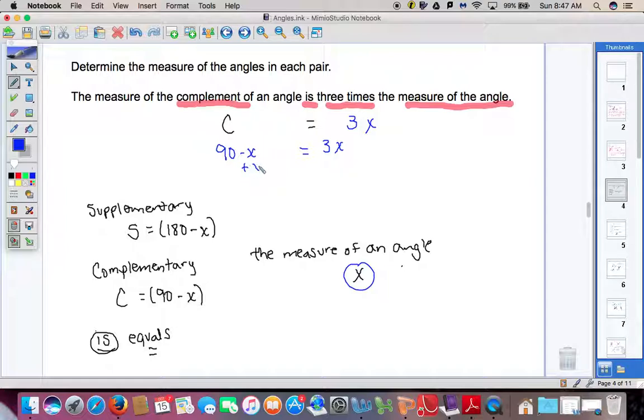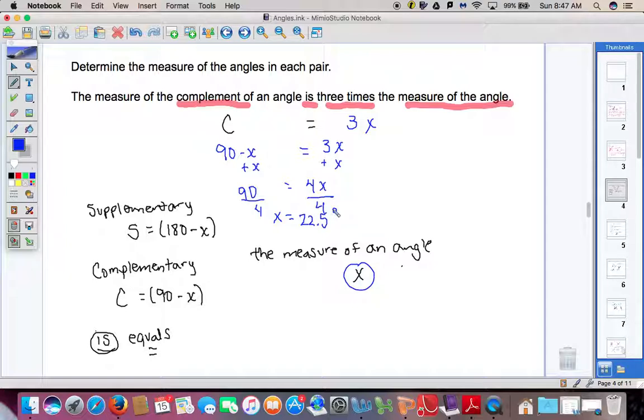First I would add x to each side, and I get 90 equals 4x. Then I would divide each side by 4, and I get that x equals 90 divided by 4. Off the top of my head, it's too early for me this morning. It is 22 and a half, 22.5 degrees.